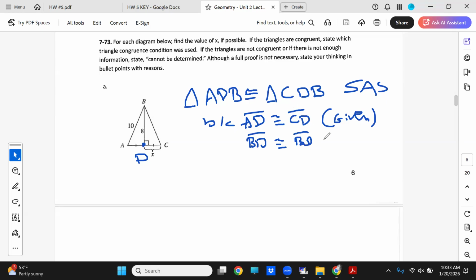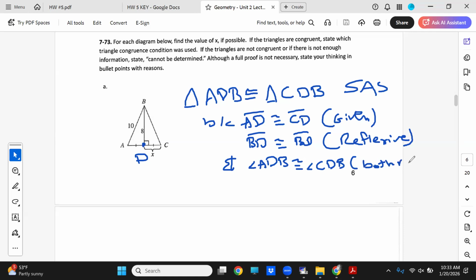So it's reflexive. And angle ADB is congruent to angle CDB, because what's true about each of them? They're both what? Yeah, there you go.